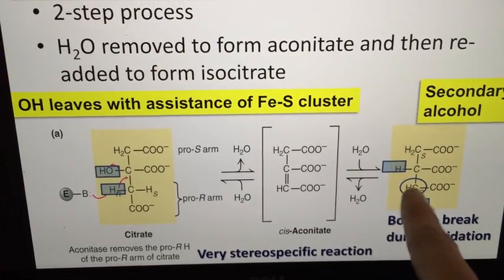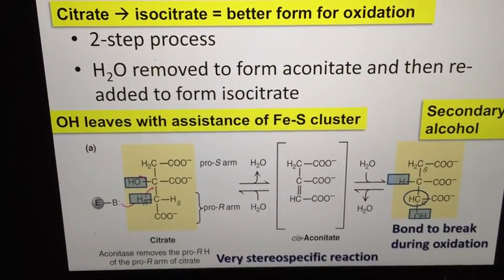And during the oxidation process, that hydrogen will be removed.